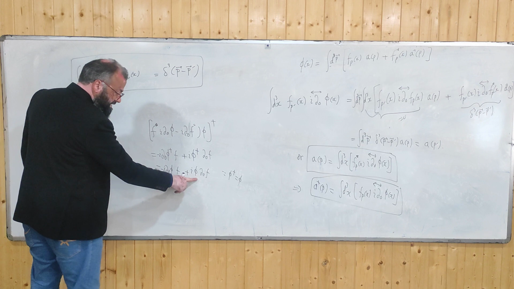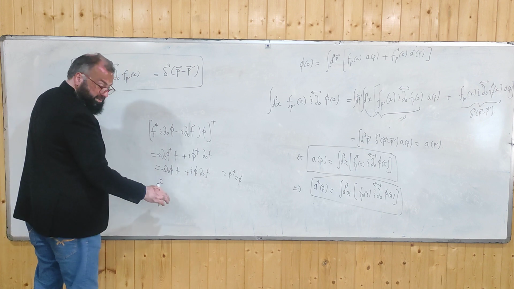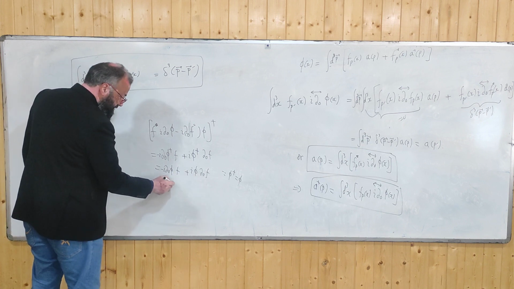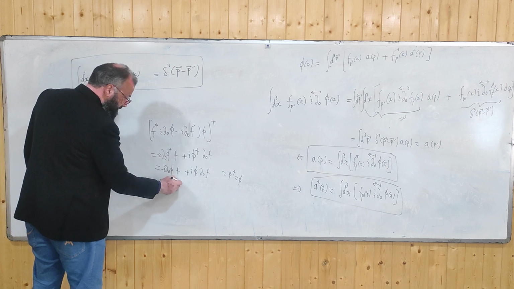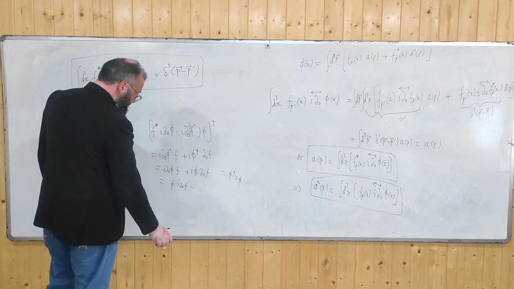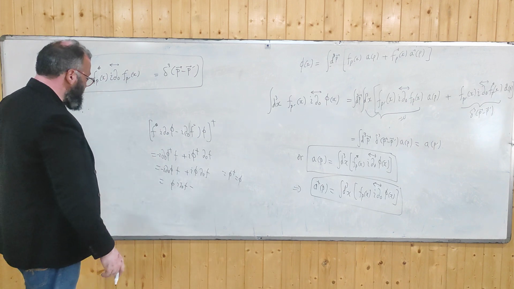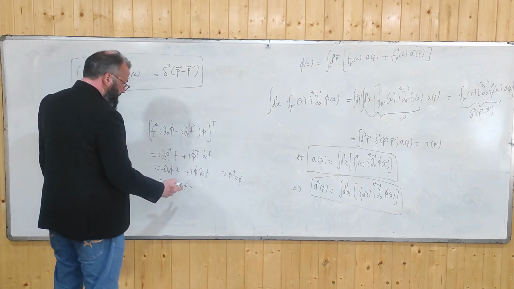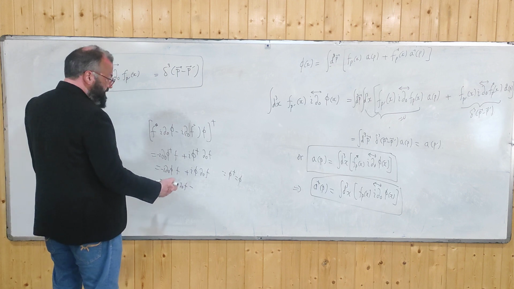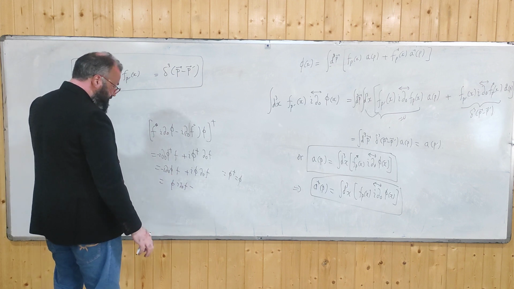Just write this first. So it is phi i partial 0 f minus. Let me look here. So there is an f star. Why is it f star? There is no f star.